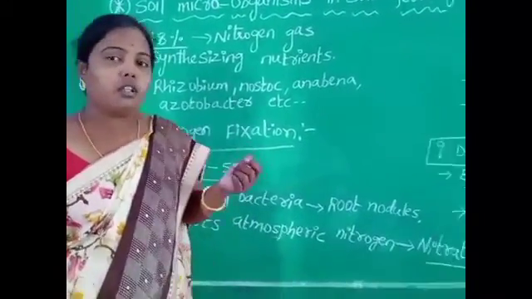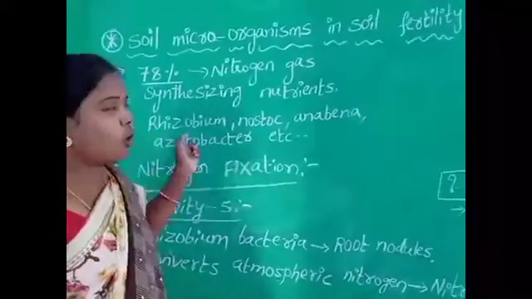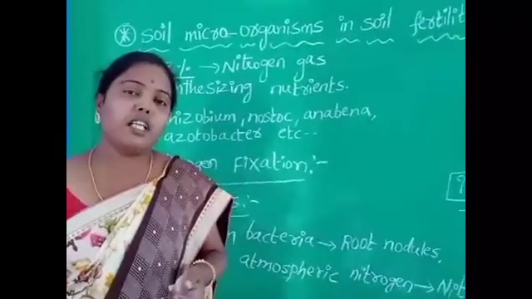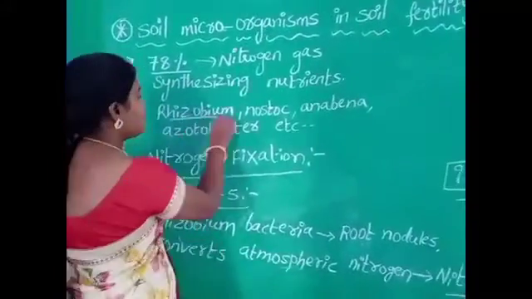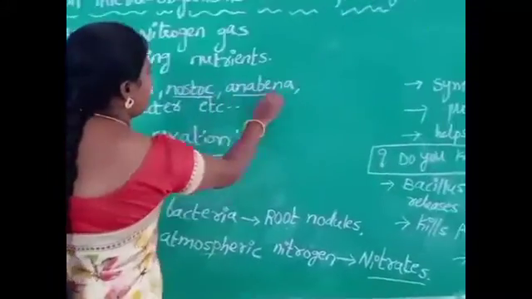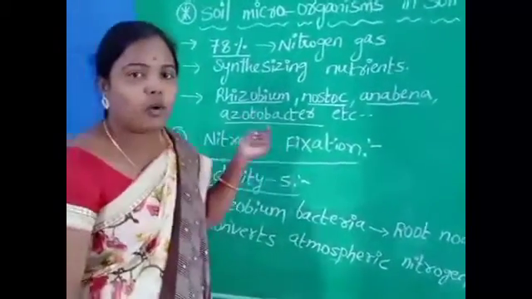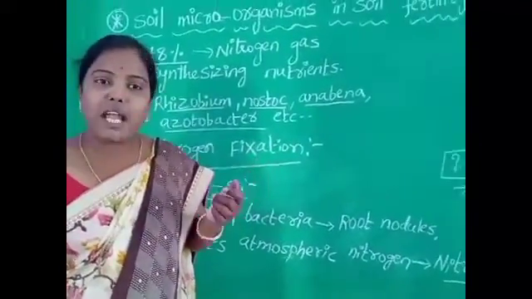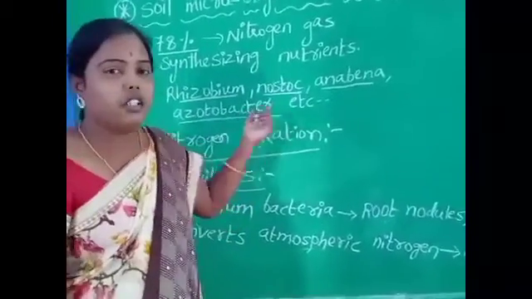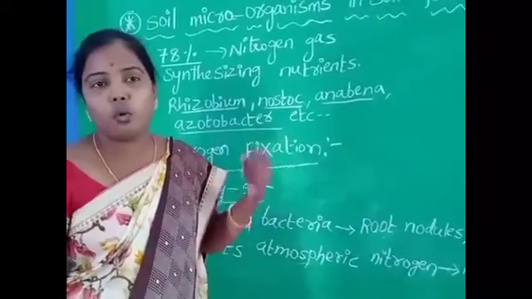Then how will the plants get nitrogen? With the help of microorganisms, soil microorganisms like Rhizobium, Nostoc, Anabaena, Azotobacter. These soil microorganisms absorb nitrogen gas from the atmosphere and fix it into the roots.